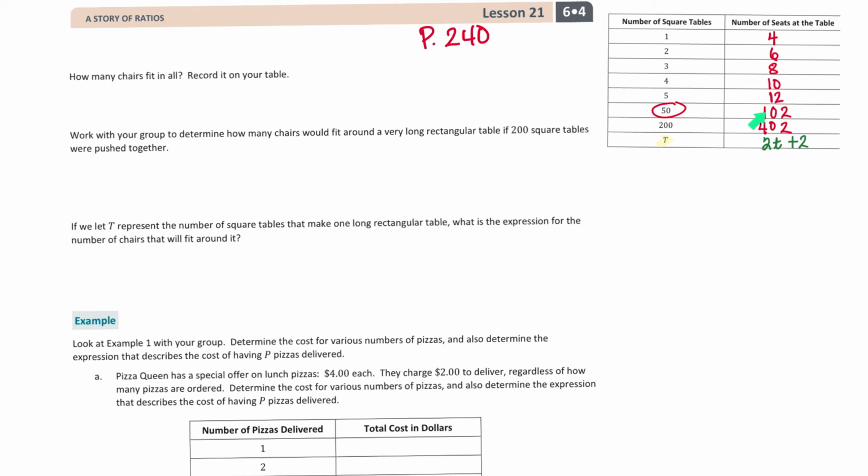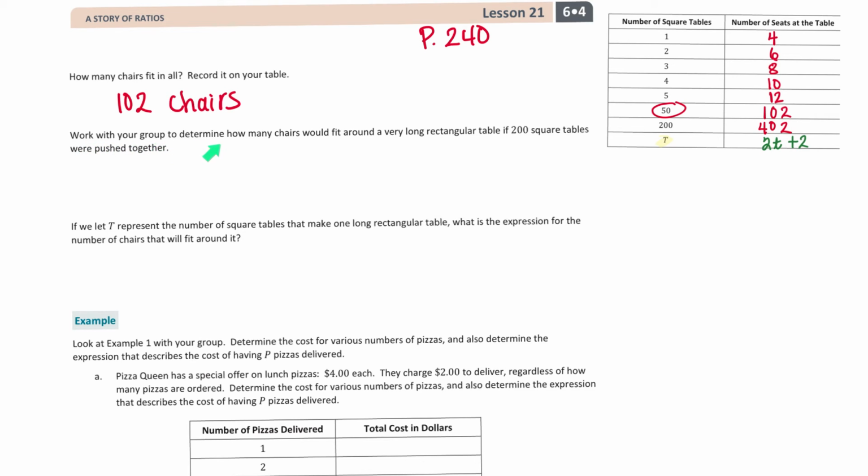Here we just have to make sure we say that in all, how many chairs fit in all, and that would be 102 chairs. So here we're going to write 102 chairs because it refers to the other question that we did.